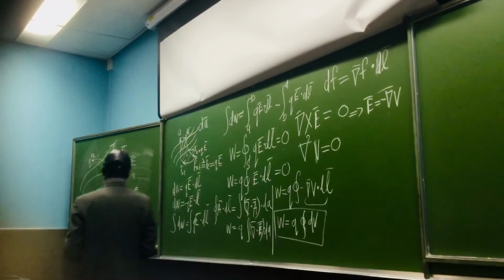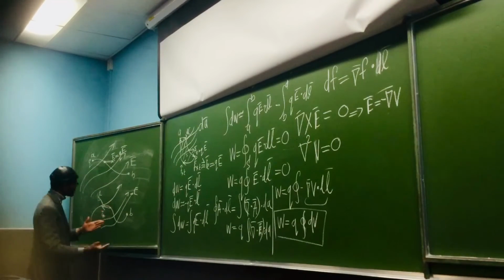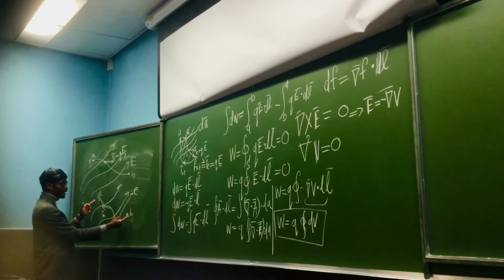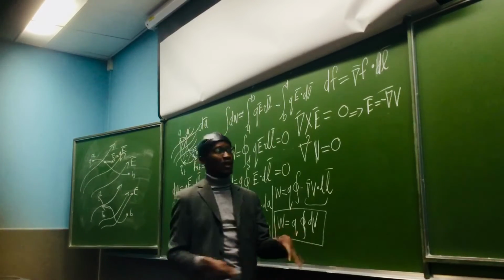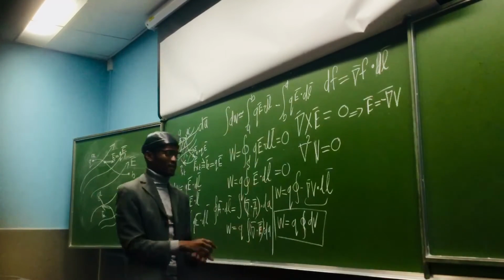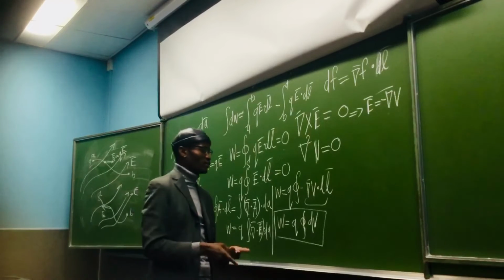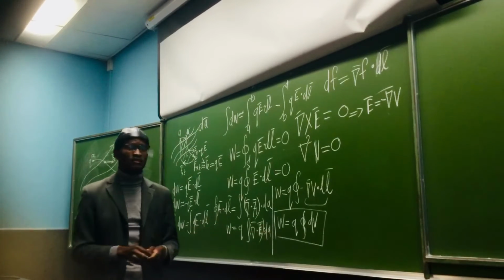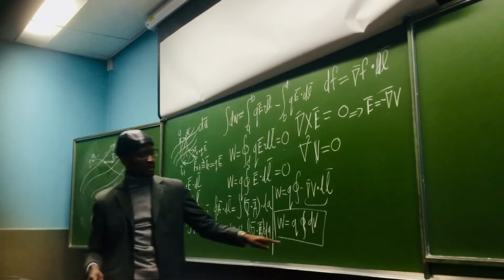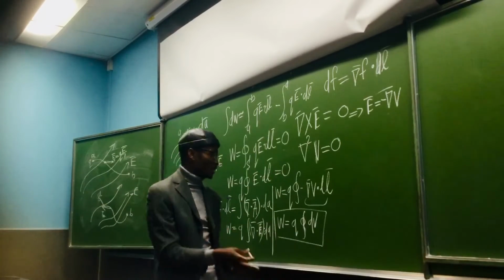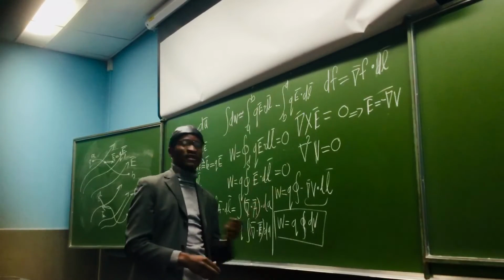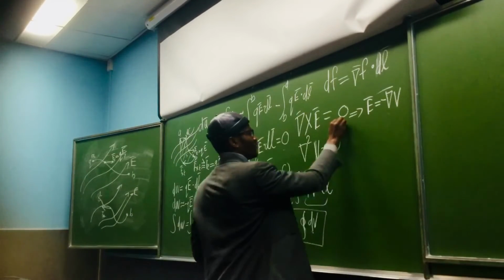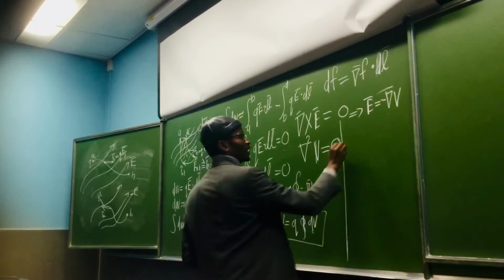Back to our diagram here, we are interested only in the work done between B and A, coming from B to A. Even though the closed integral is actually equal to 0, we don't want the closed integral. We want to refer only to the integral that happens between A and B. In other words, we are looking at the potential V at A and V at B.